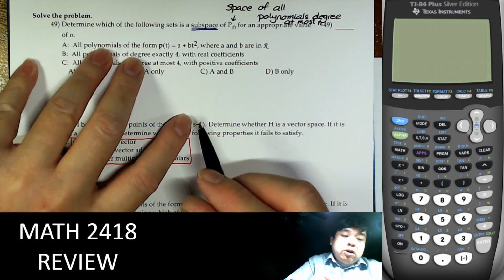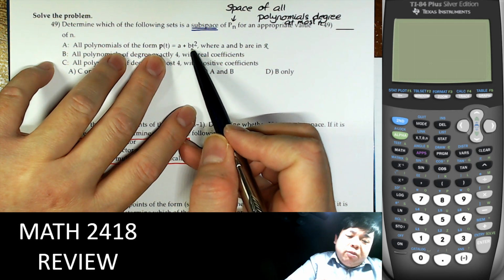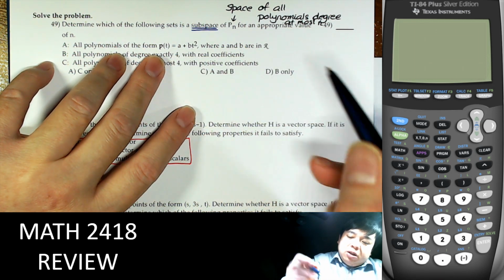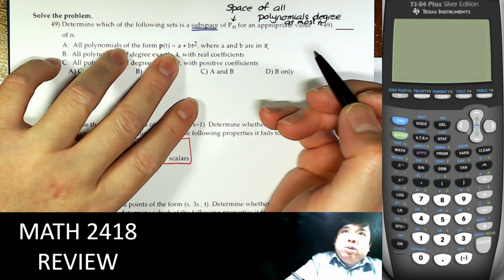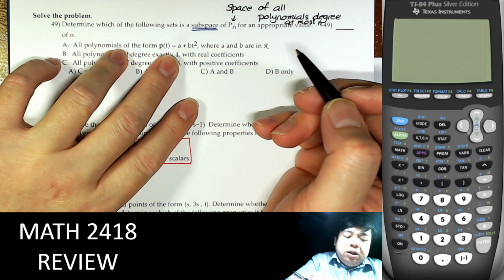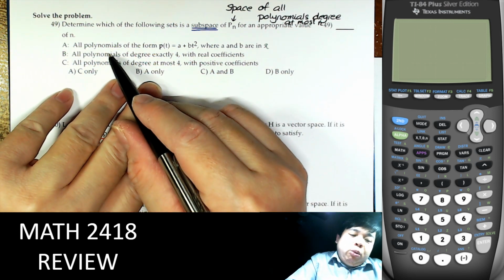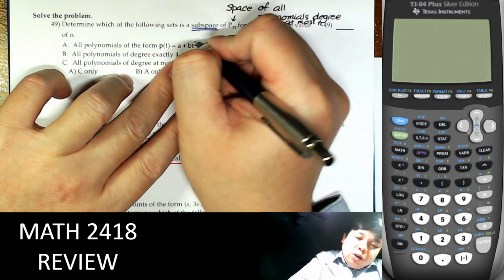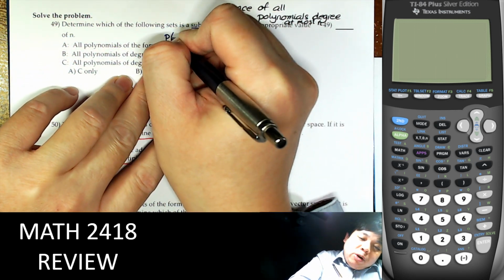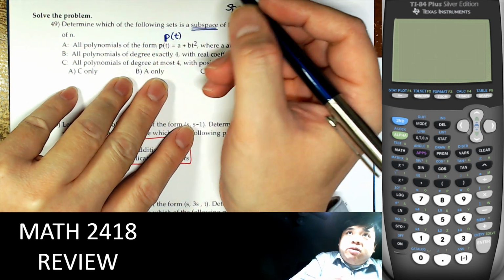Right, now let's look at this. All polynomials of the form, in this case, where a and b are real numbers. Let me rewrite this. The reason I write the boldface here is because this is treated as a vector.